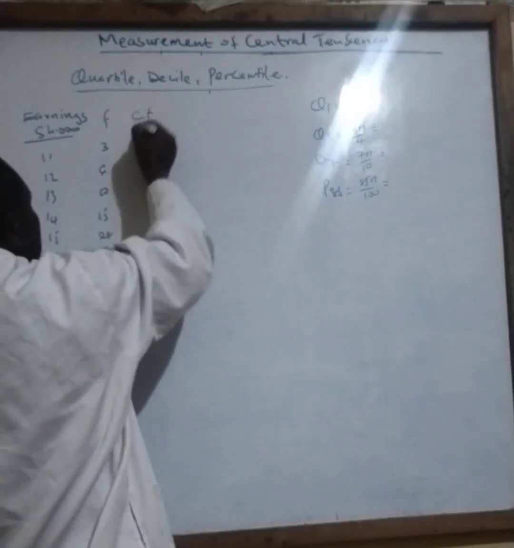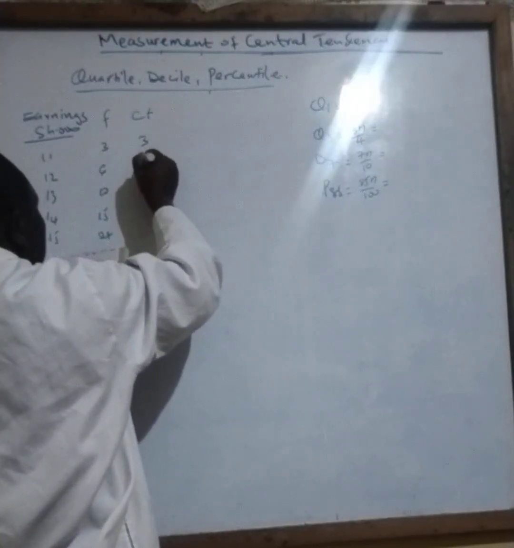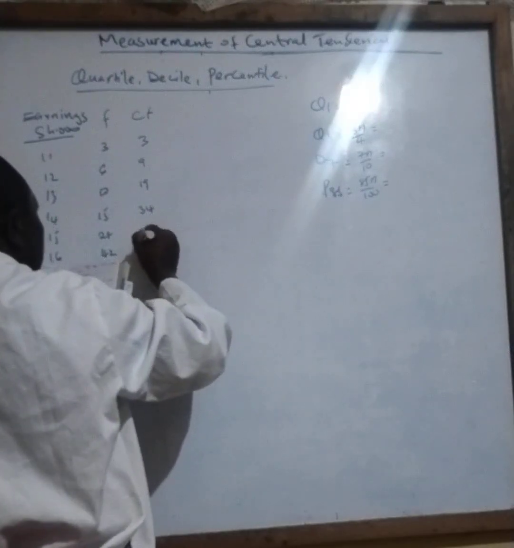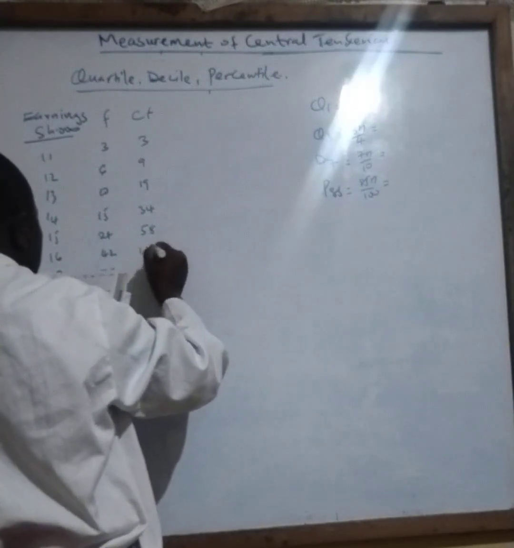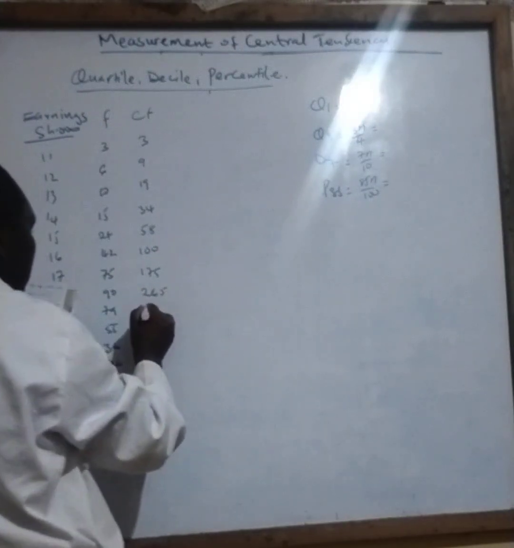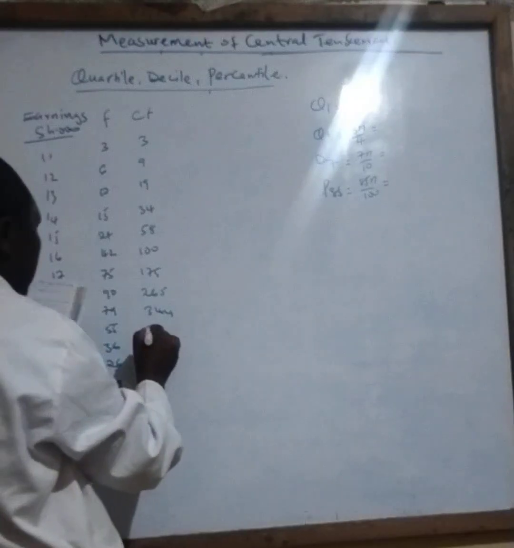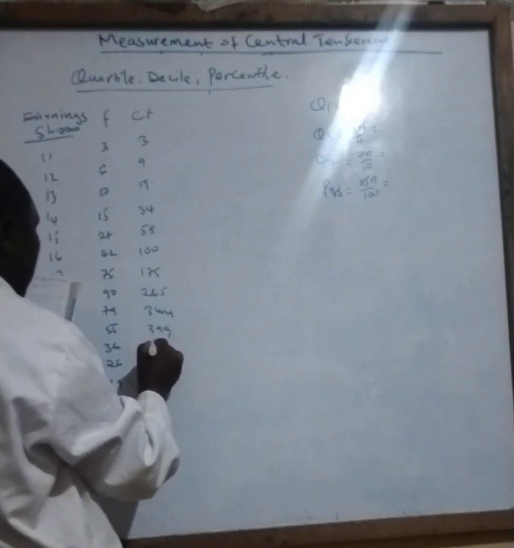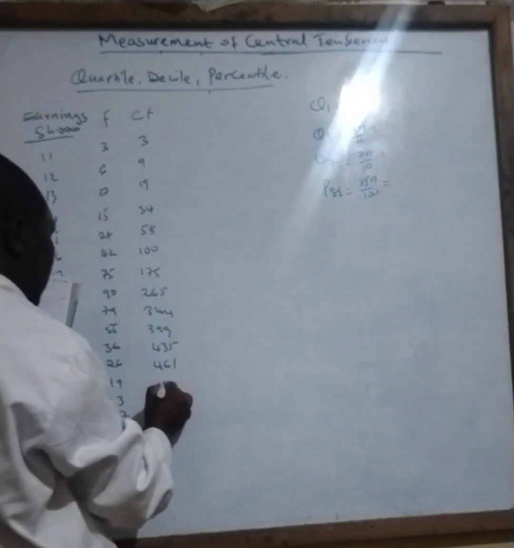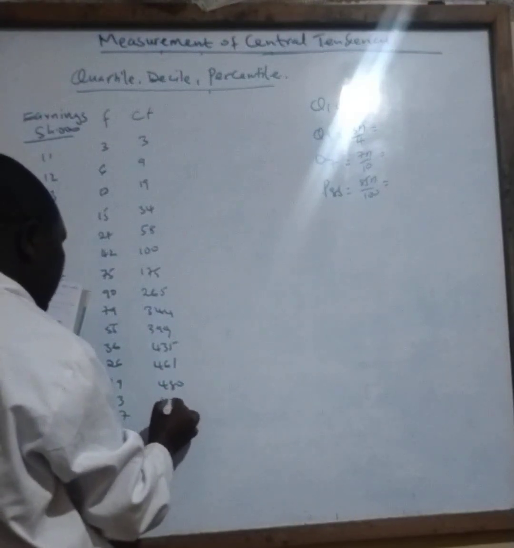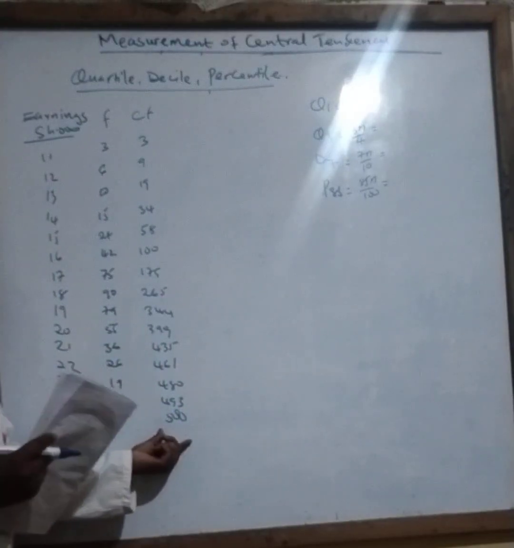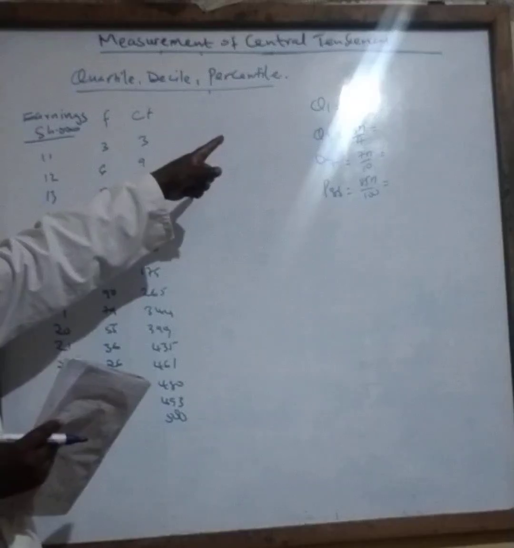So the cumulative frequency will be 3, 9, 19, 34, 58, 100, 175, 265, 344, 399, 435, 461, 480, 493, and 500. So I have the cumulative frequency. Then I come and substitute directly there.